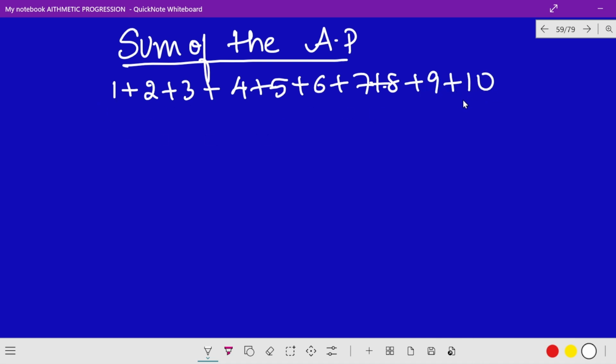If I add all these numbers, whatever I get is called the sum of these terms: first term, second term, third term, fourth term, fifth term, like that.